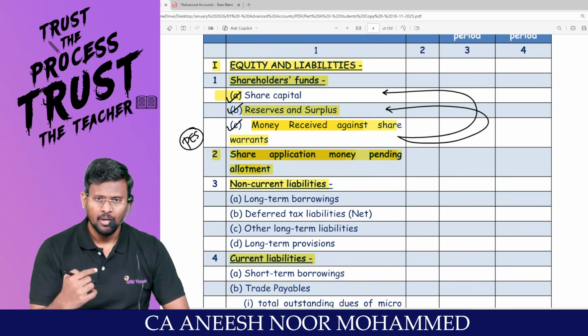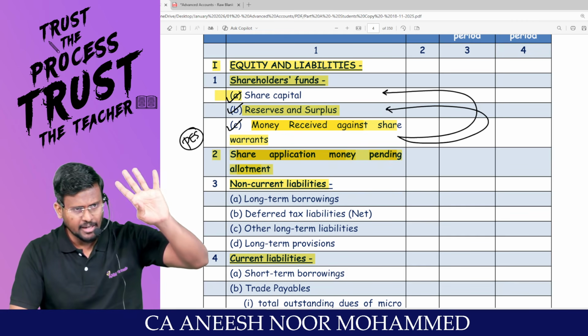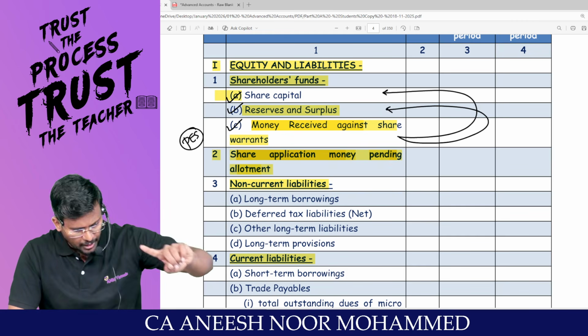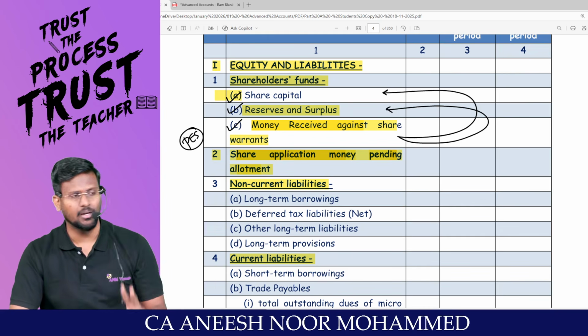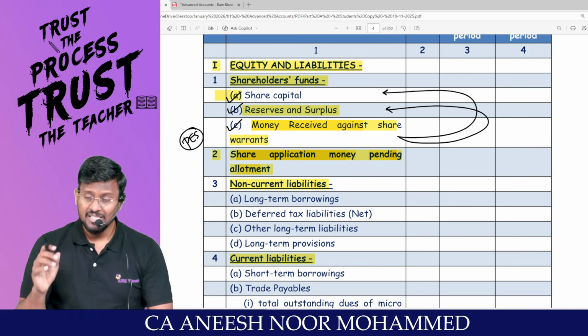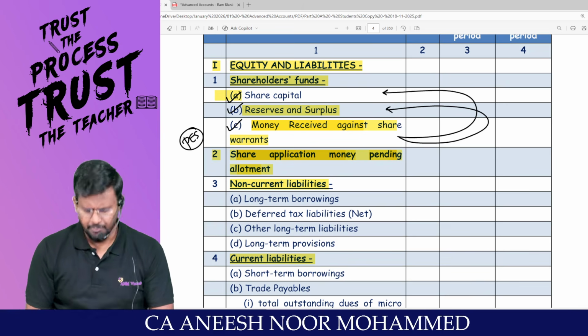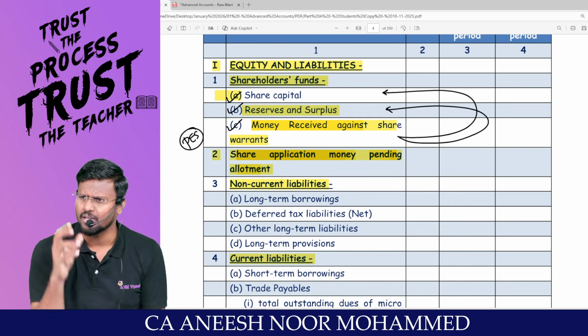So, on the equity and liabilities side, how many main headings? 4 main headings. Number 1, shareholders fund, share application money pending allotment, non-current liabilities, current liabilities. Right? Sir, shareholders fund means how much the investor has invested in the company.